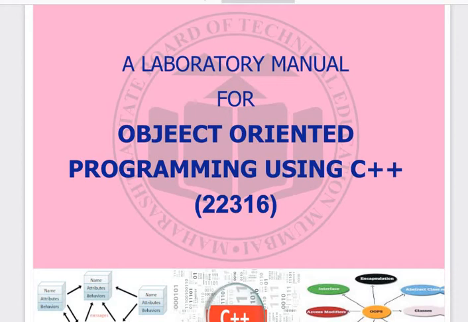Before going to start our practical, we will see the instructions which are given to the students when using the laboratory manuals. So I have already sent the PDF of the object oriented programming lab manual to you.